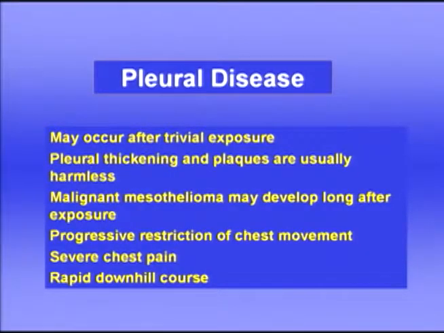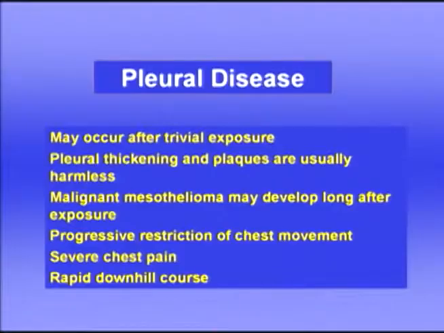Now let's turn to the pleural disease, and it's a very remarkable condition, this. For example, it can occur after very trivial exposure, and there are a number of anecdotal accounts, for example, of the wives of workers simply washing the clothes of the workers and then later on developing pleural disease, even though all they've done is wash the shirts or whatever of the people who are working with asbestos.